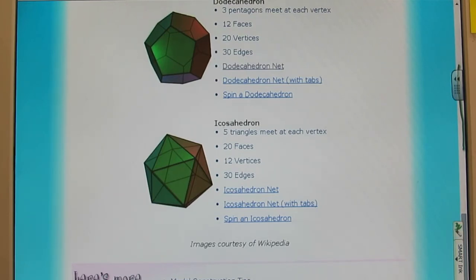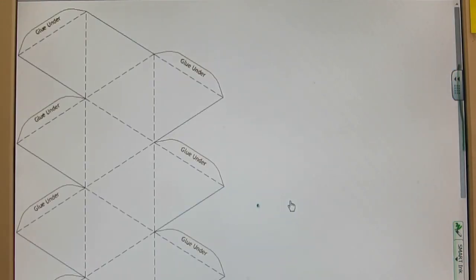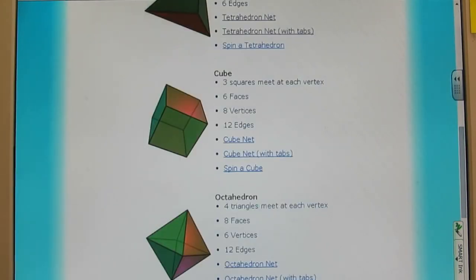It's made up of 5 triangles meeting at each vertex. It has 20 faces, 12 vertices, 30 edges. So let's look at the net that you're going to print off. We're going to do it with tabs. So you're just going to print this off, and then you're going to glue them together.